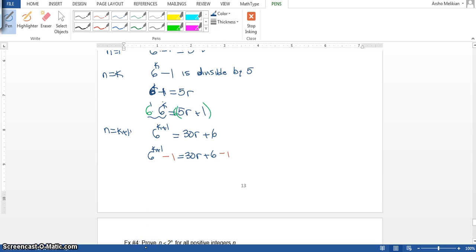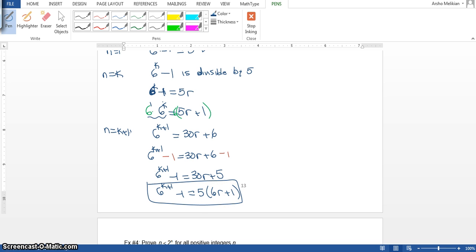So now what I have is 6 to the power of k plus 1 minus 1 is equal to 30r plus 5. Now, I can factor out a 5 there, right? And look, I'm done. Because the k plus 1 step is now equal to 5 times some number.